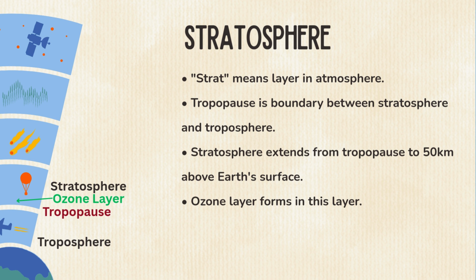Interestingly, ozone molecules are constantly being created and destroyed in this layer, but the overall balance has remained relatively stable over time. The stratosphere is also important for scientific research. High-altitude weather balloons, known as radio sondes, are released into this region to monitor atmospheric and climatic conditions.